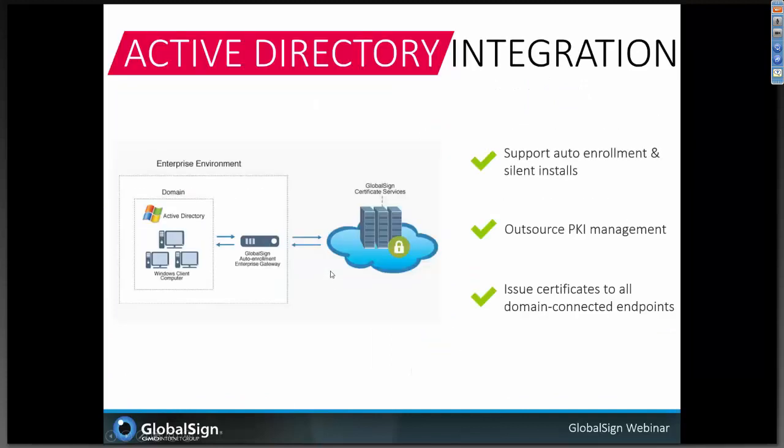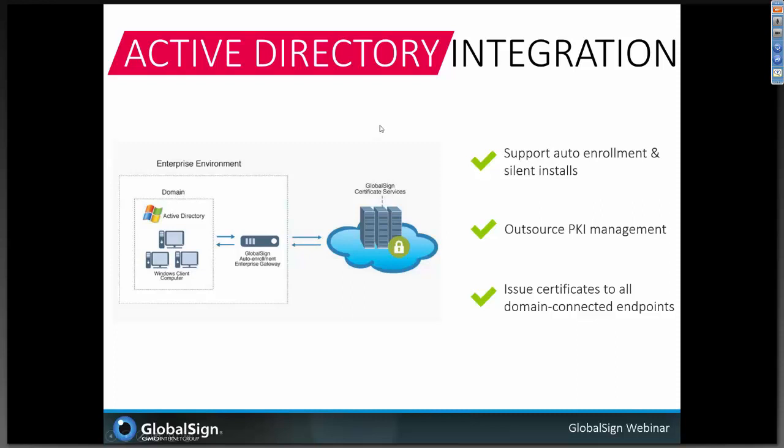Just to talk a little bit about how the systems we have potentially integrate into the corporate enterprise. We have something new, a newer solution that we've introduced this year called the Auto Enrollment Gateway. Basically, this would fully tie your system into your Microsoft environment.